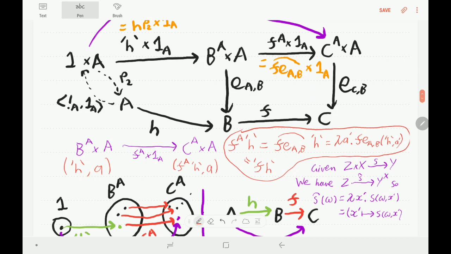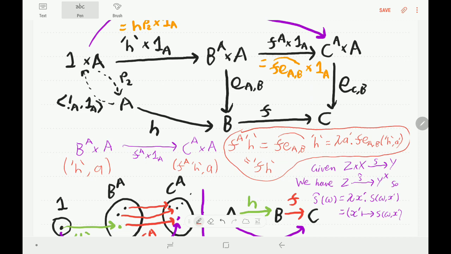So the question is, what happens when we have the transpose of something operating on something? Here we have a transpose of FEAB operating on H quotes.